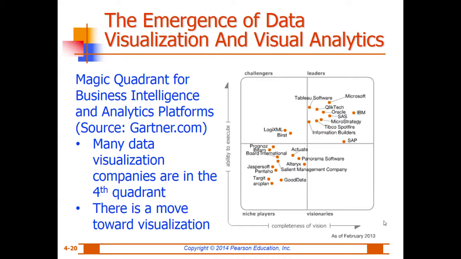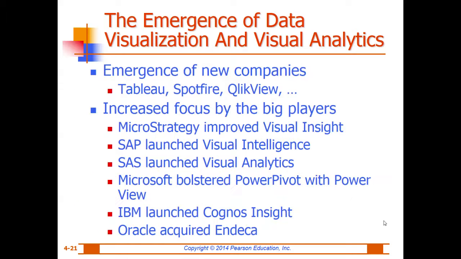Both having a high level of completeness in the vision of the implementation and the ability to execute. And so we can see popular names like Tableau, QlikView, Microsoft, IBM, Spotfire as those that are gaining market share but are also being used across a multitude of industries rather than those in the lower left-hand quadrant, which may very well be more niche type products.